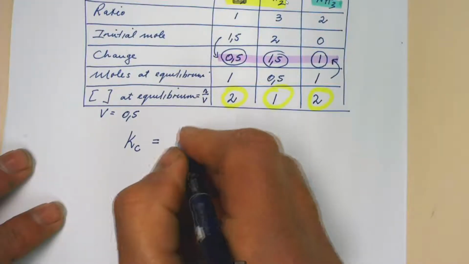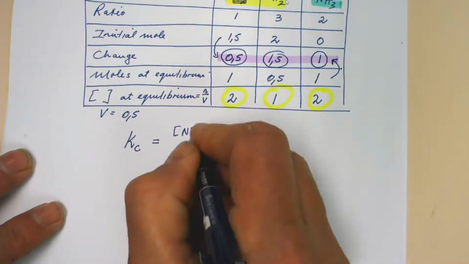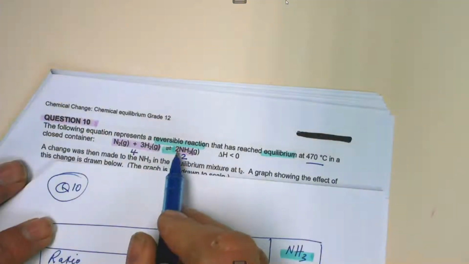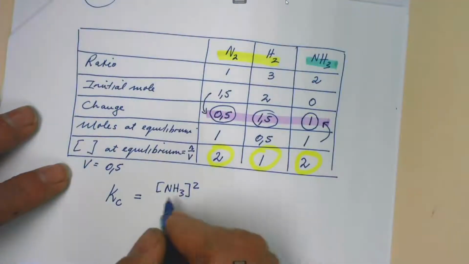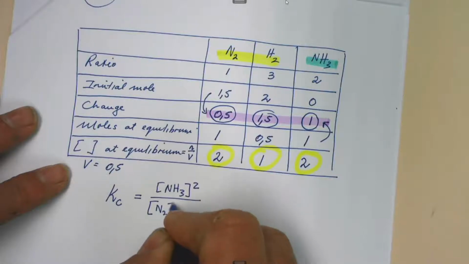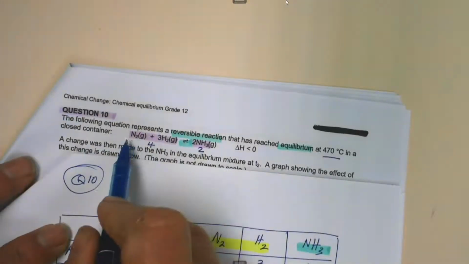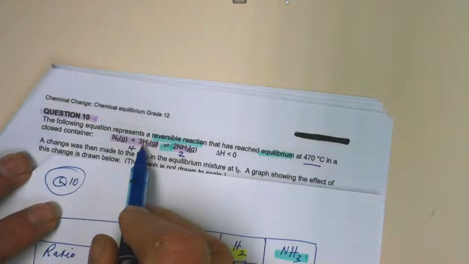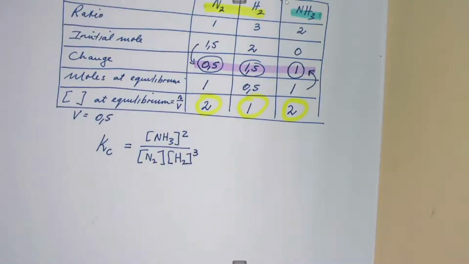So I will have my concentration NH3 will be to the power 2 because it's got a coefficient of 2. That is the product. And then my reactants, the reactants is N2, and that is to the power 1 because there's a 1 in front. And that I will multiply with the concentration of my H2, which will be to the power 3 because there is a coefficient of 3 there. And there is an equation now to be able to calculate the Kc value.